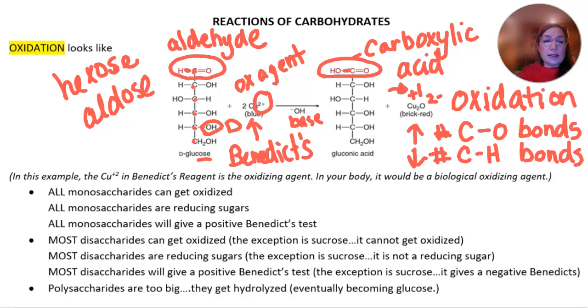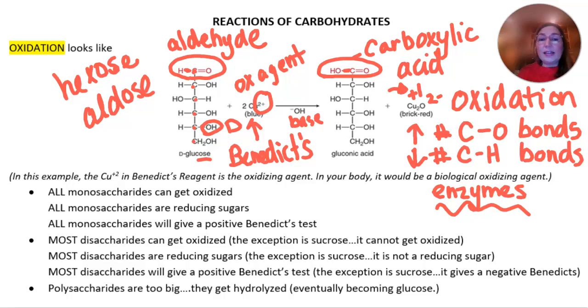Okay, so in this example, our copper 2 plus in our Benedict's reagent is our oxidizing agent. In your body, it would be a biological oxidizing agent. Usually we have enzymes functioning and doing these. All monosaccharides can get oxidized. All monosaccharides, therefore, are reducing sugars.